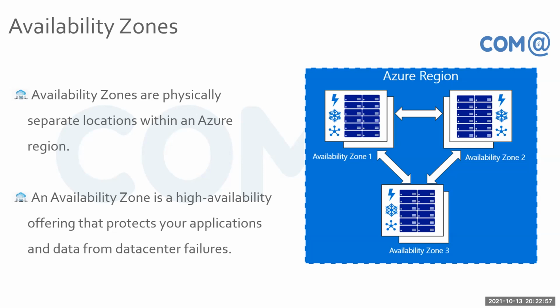To handle these scenarios, most cloud service providers have their data centers in different locations in the same region. For example, consider Chennai as one region. In Chennai, they will not have their data center in one particular location. They'll have two different locations.